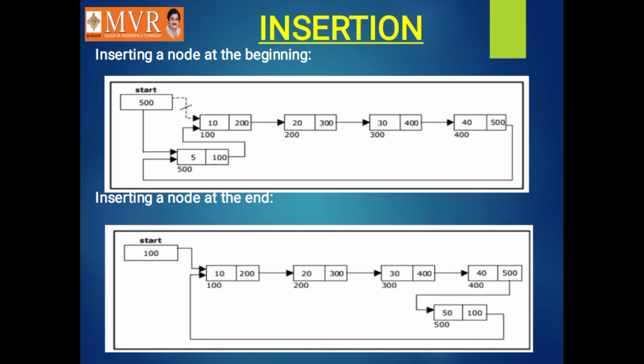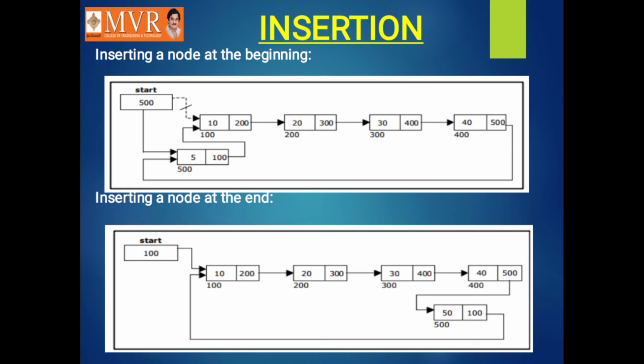circular single linked list. Now coming to the insertion of a node at the end of a circular single linked list. See, here the header or the start node contains the address 100. From there we move to the node 100. Then it contains the address 200. So we move to the memory address 200.